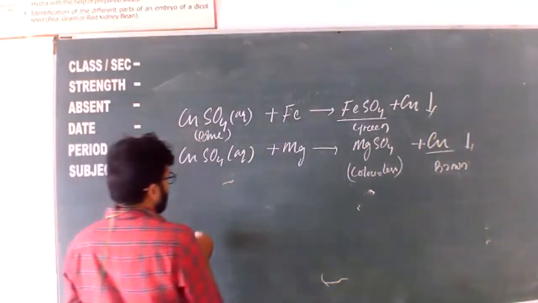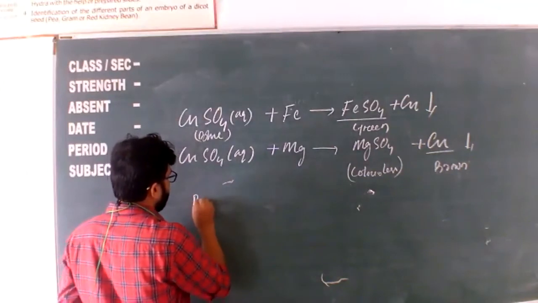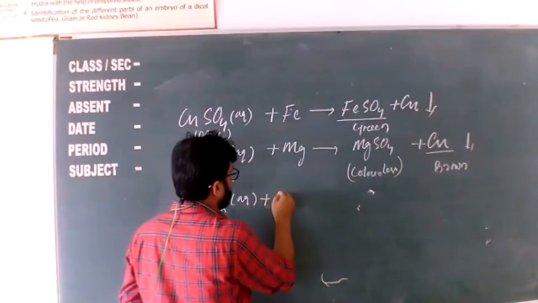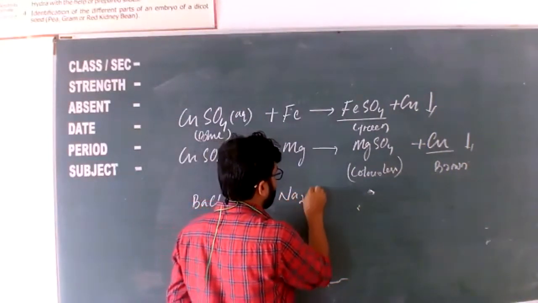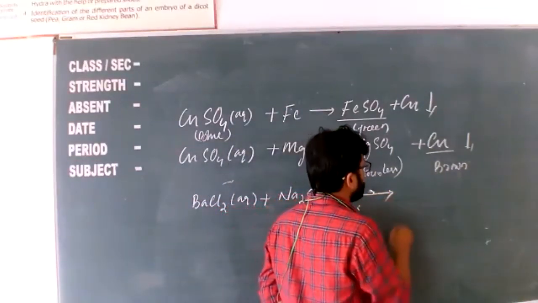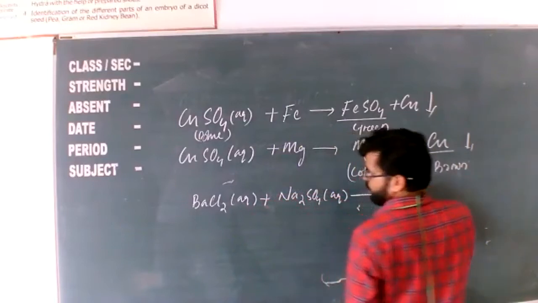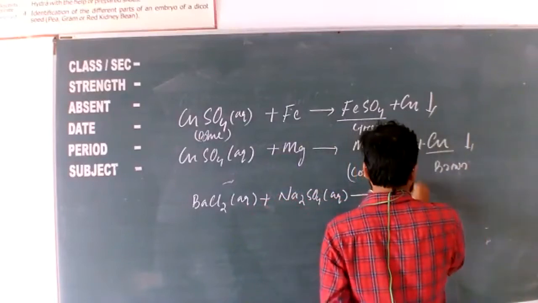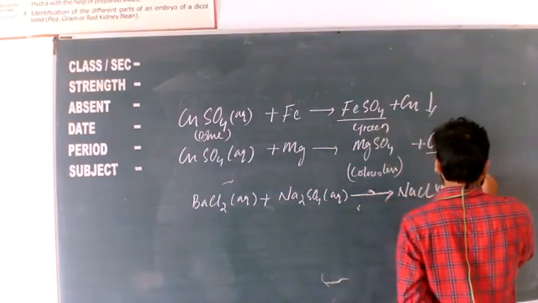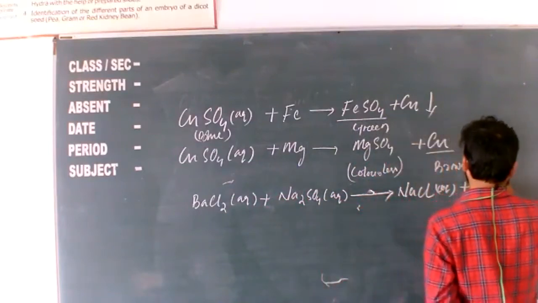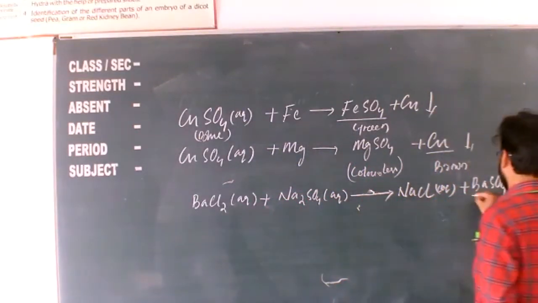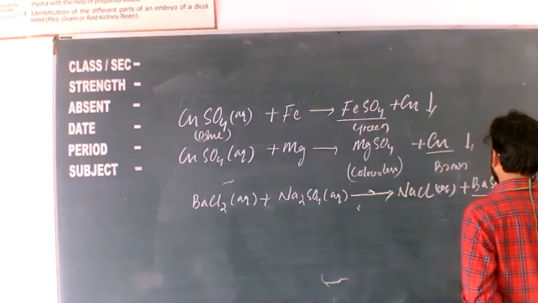The next reaction that we performed: aqueous barium chloride plus aqueous sodium sulfate, Na2SO4, gave sodium chloride, which remains dissolved, and barium sulfate, BaSO4, a white precipitate.